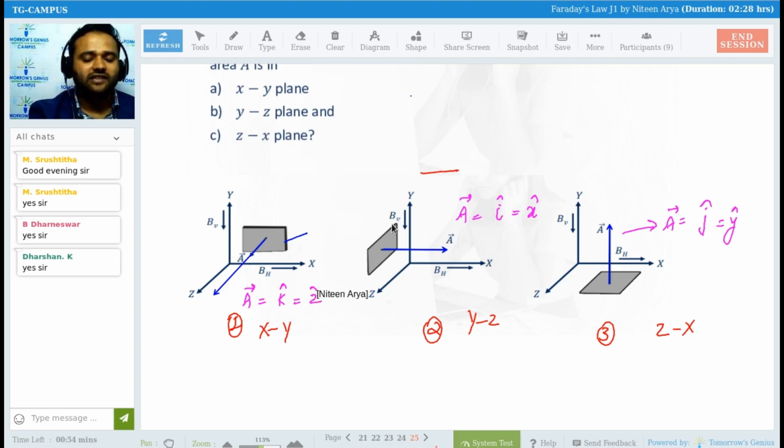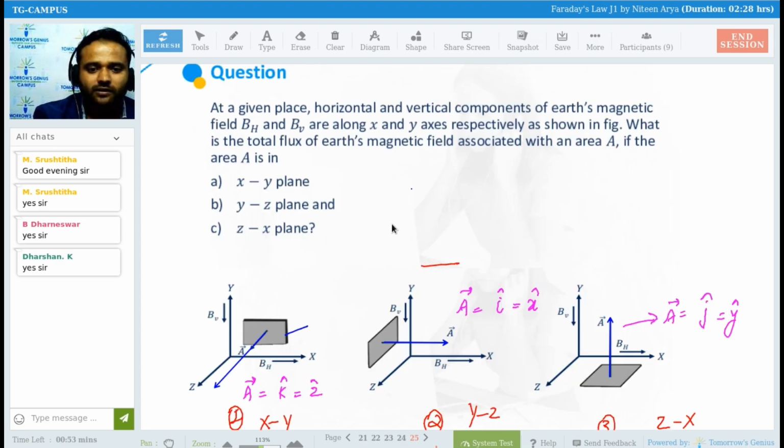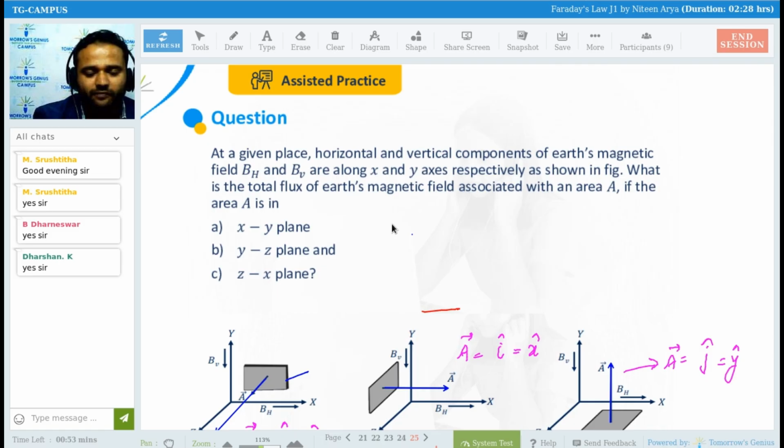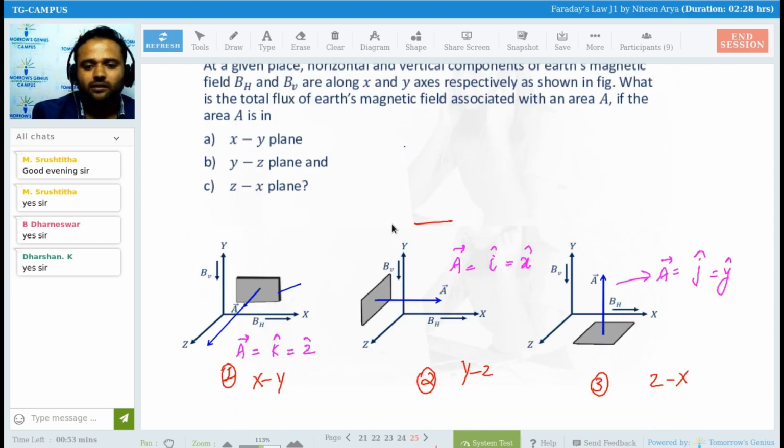So Z. Is this clear now? Understood now? Because without this, you are not going to understand what is written on the next page. Clear? So YZ plane, XY plane, how much is the flux in XY, how much in YZ, how much in ZX.